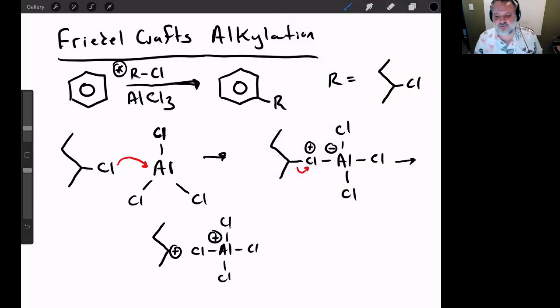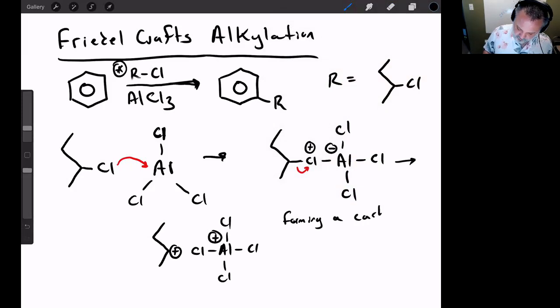Okay, here's the limitation. When we form the electrophile in the Friedel-Crafts alkylation, we are forming a carbocation. So think about what could be the problem with a carbocation that's formed as the electrophile in an electrophilic aromatic substitution reaction.